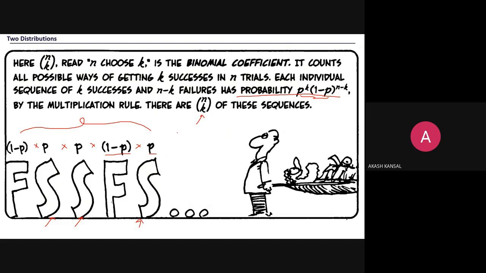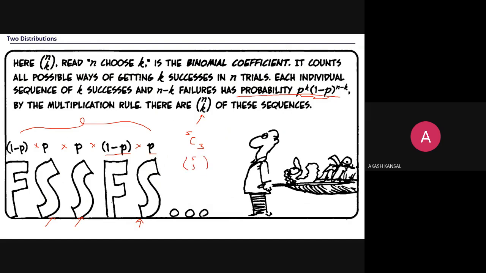So for example, if I say that out of 5, I have 3 successes, it will be nC3, 5C3, or I can also write it as 5 choose 3.